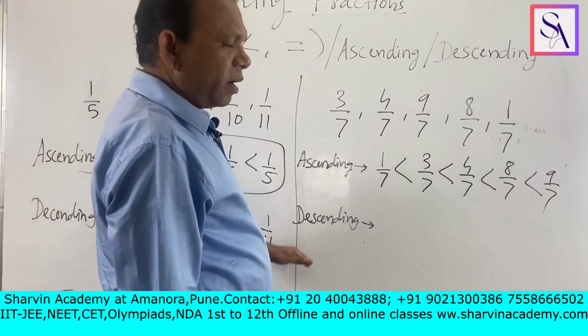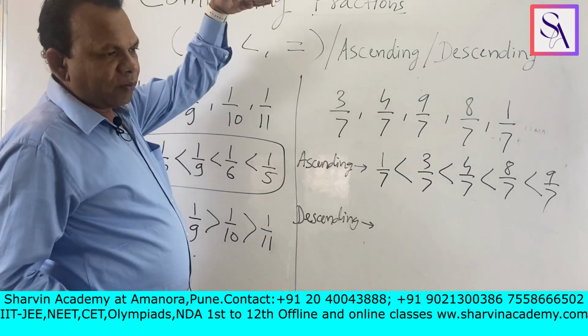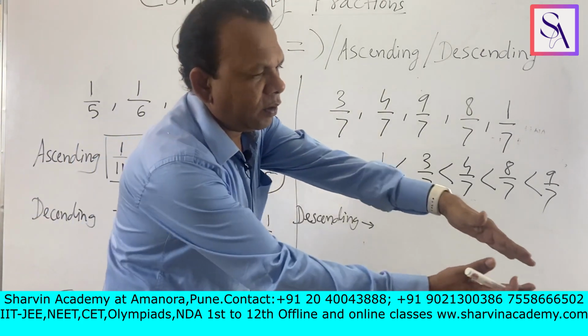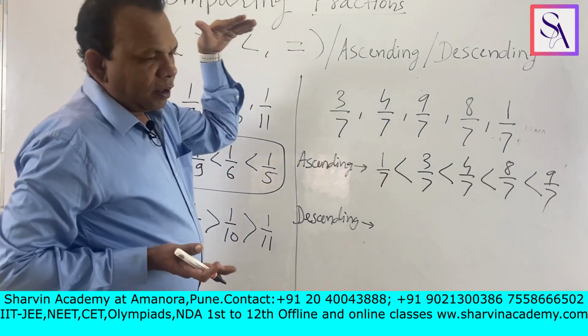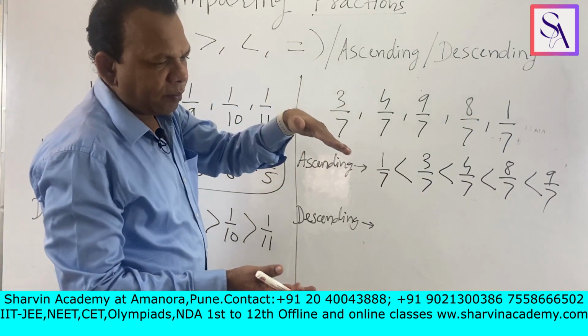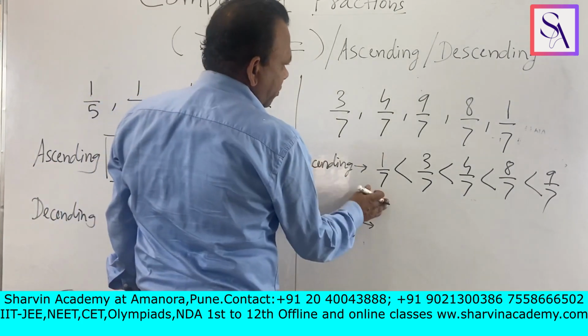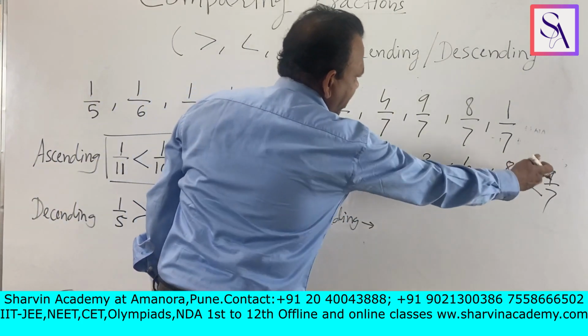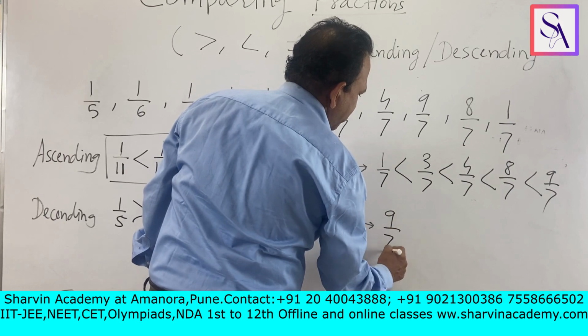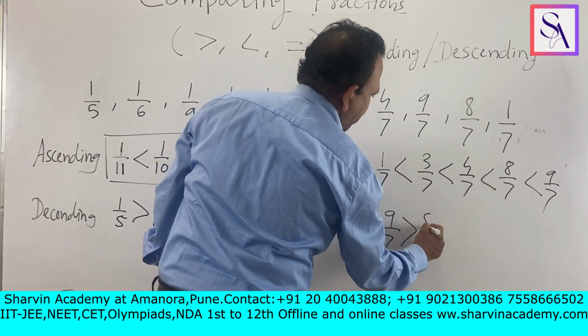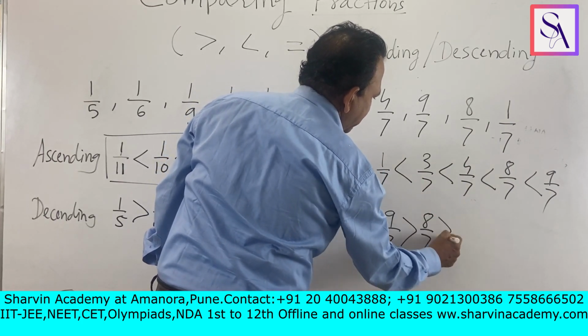Similarly, descending order will start from the higher one and go on to the smaller ones: biggest, bigger, big, small, smaller, smallest, like this. So I have to write the biggest one first. Which one is biggest? I have to reverse the order. 9 by 7 is the biggest. Then 8 by 7, smaller one.